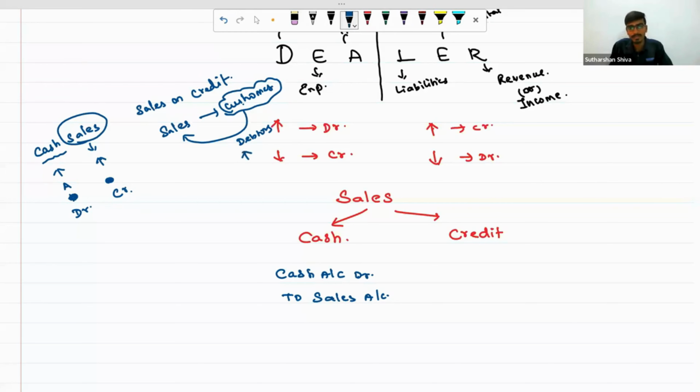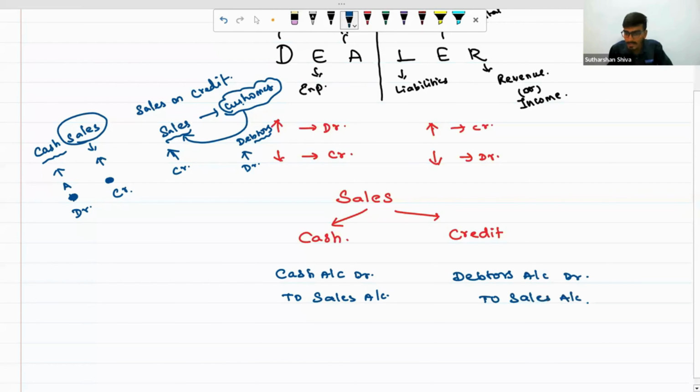Debtors value will increase. My sales are committed, because on the accrual basis I am making a sale. Sales is a revenue generating activity, that is a trading income generating activity. So it has increased, I will credit. Debtors is increased, I will debit. So my journal entry will become debtors account debit to sales account.